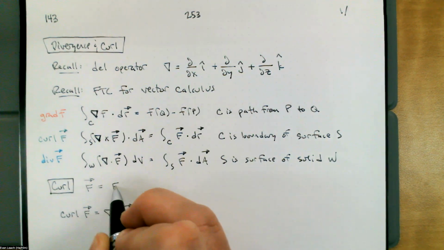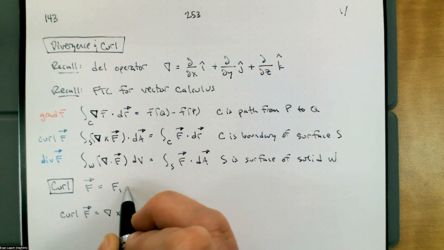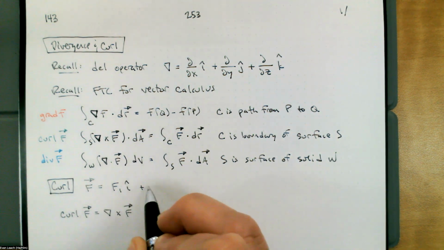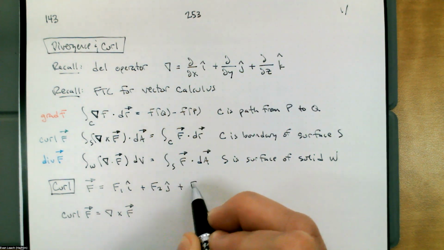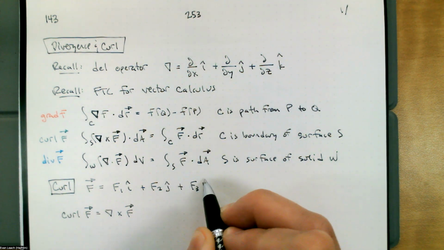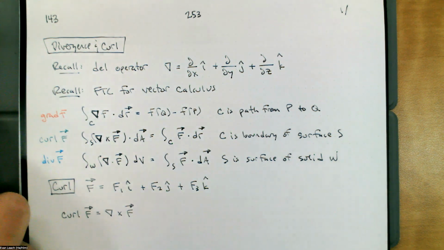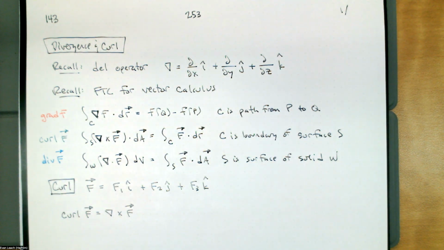There'll be a scalar function of x, y, and z for the i component. There'll be some other scalar function for the j component, and a third scalar function for the k component. So notice that F1, F2, and F3, those are all scalar functions that are the components of the vector field F.